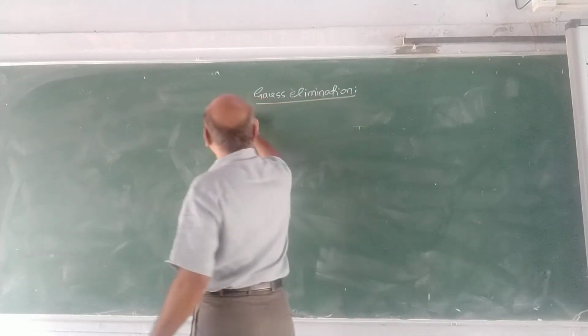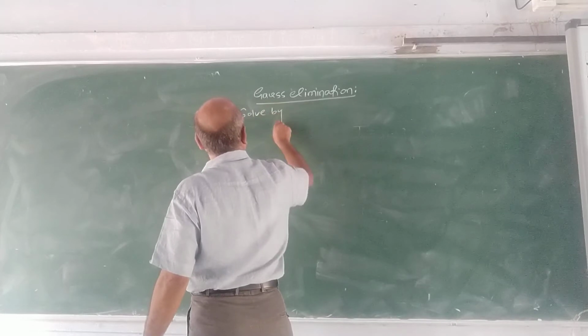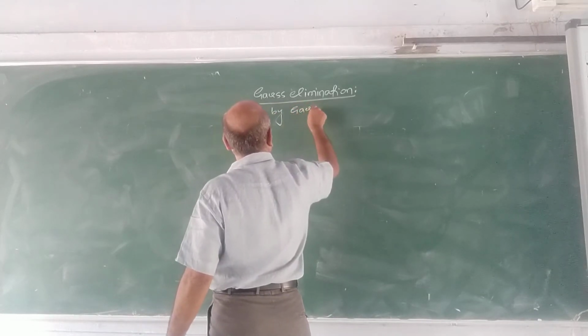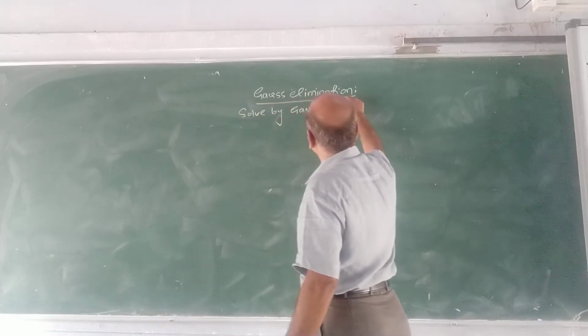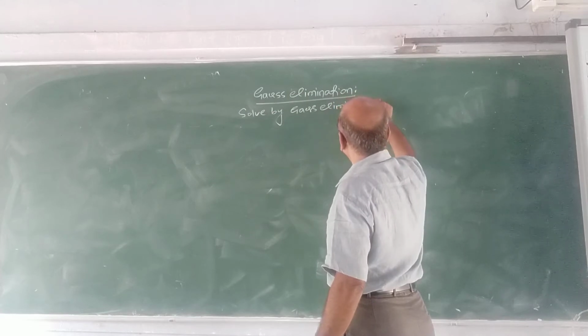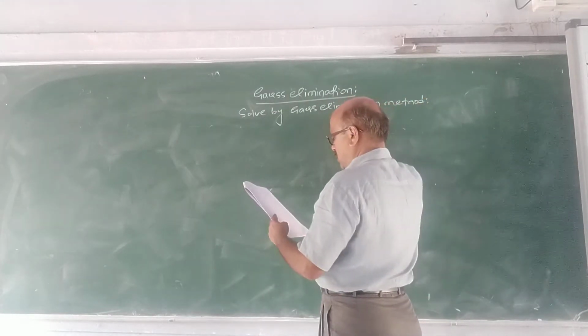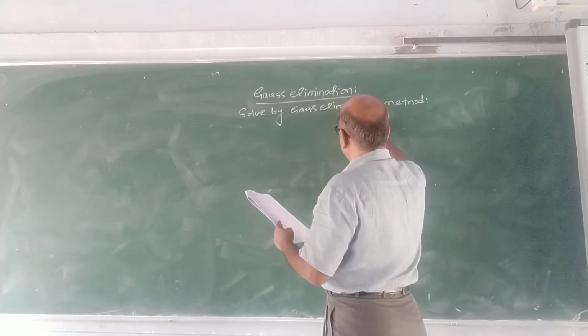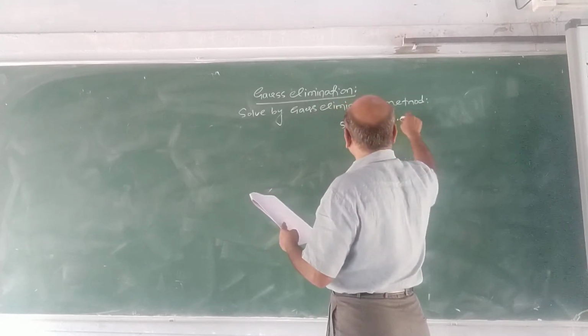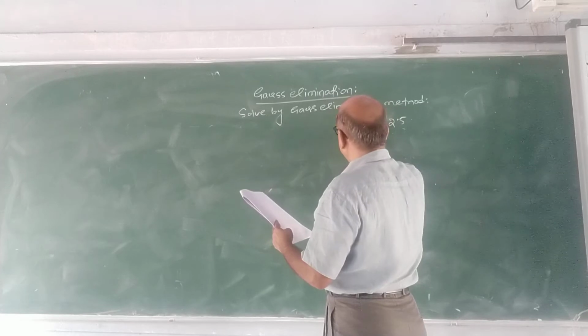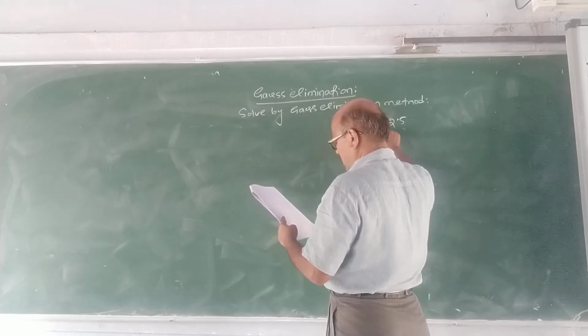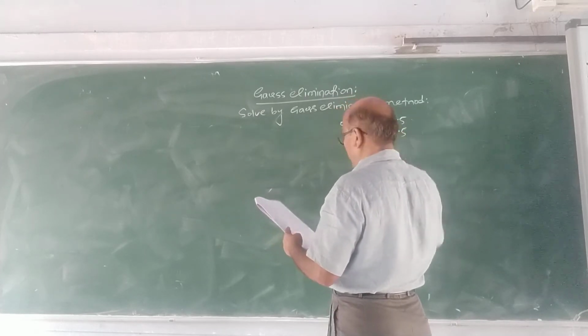The problem is solved by the Gauss elimination method: 5x minus 2y is 2.5 and 10x plus 8y is 3.5.